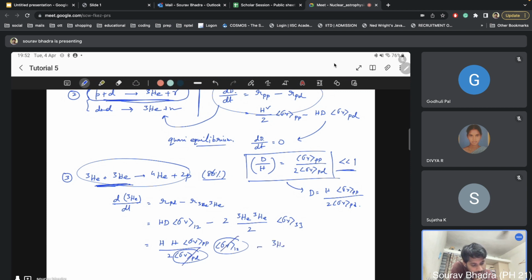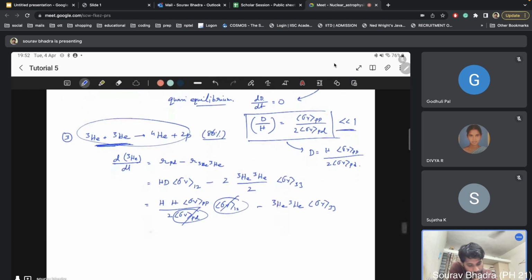And 3He sigma V 33 is there. So the final expression will be H squared by 2 sigma V, for proton I am writing 1 1, minus 3He squared sigma V 33.